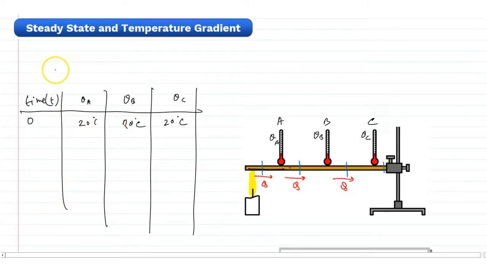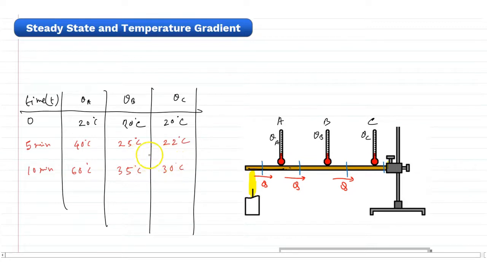After 5 minutes, theta A may have reached 40 degrees C, theta B 25 degrees C and theta C about 22 degrees. After 10 minutes theta A may be 60 degrees C, theta B 35 degrees C and theta C about 30 degrees.